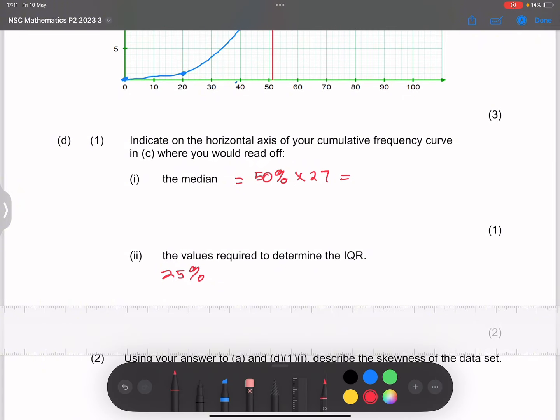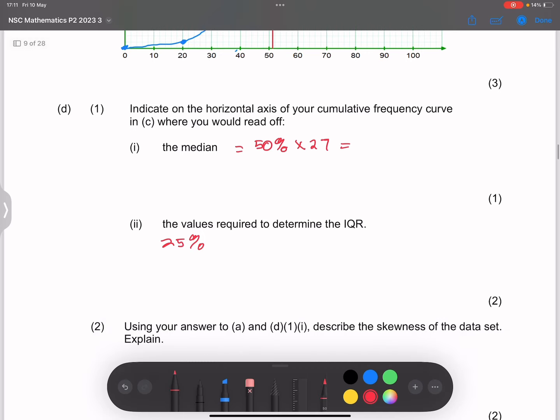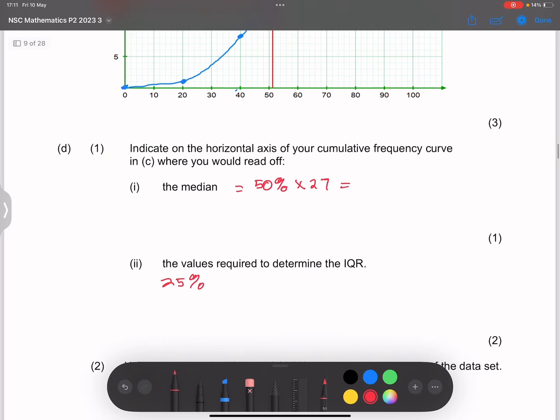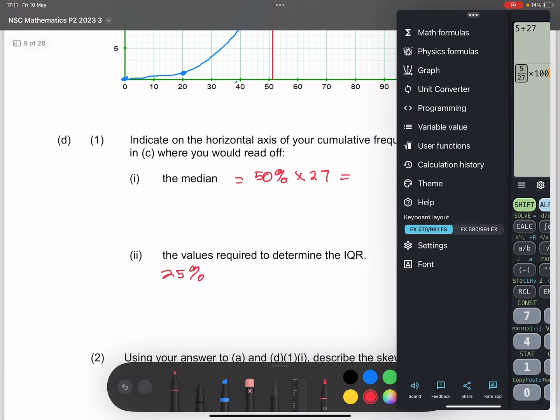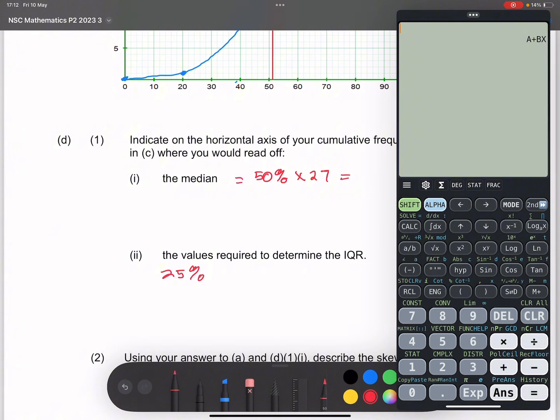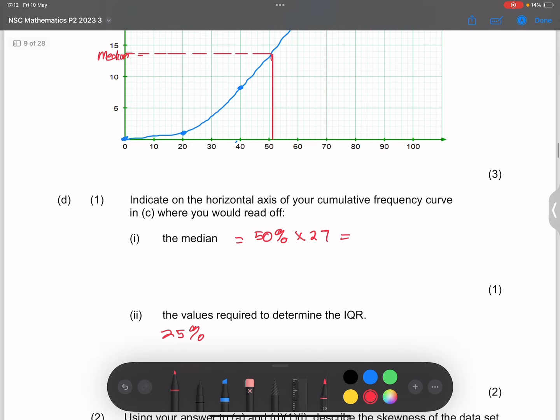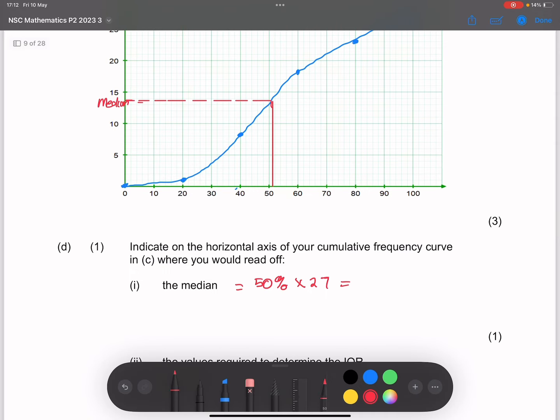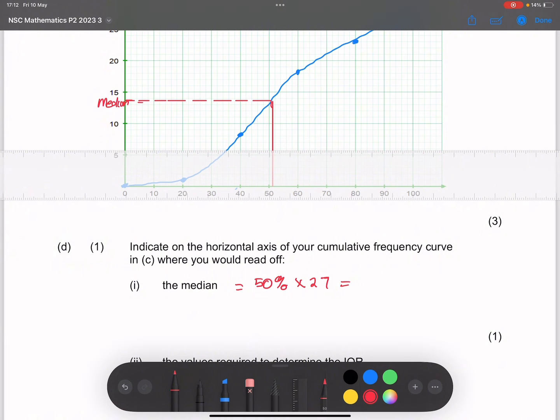Let me remove the ruler. So what's a quarter of 27? 27 divided by 4, that's 6.75. So there's 6 there, and 6.75 would be somewhere in between, leaning more towards 7.